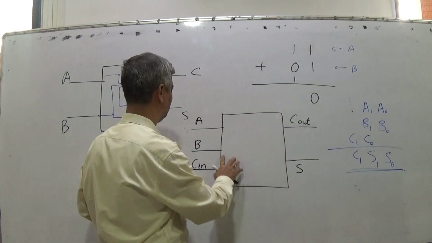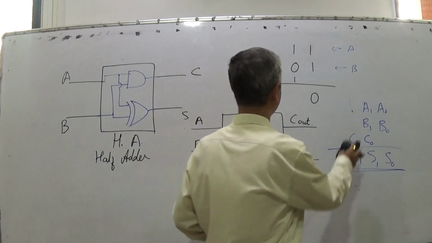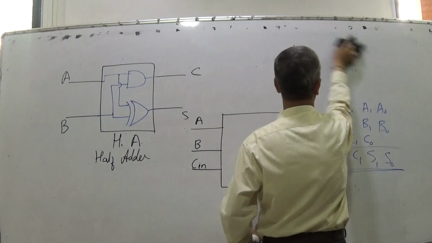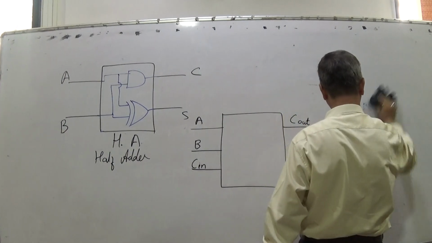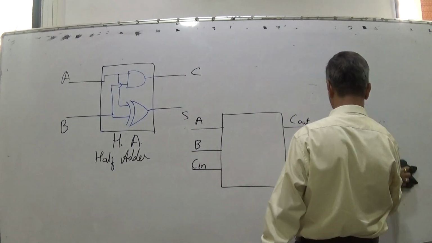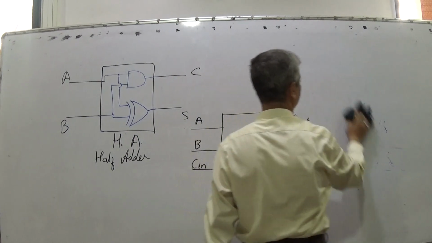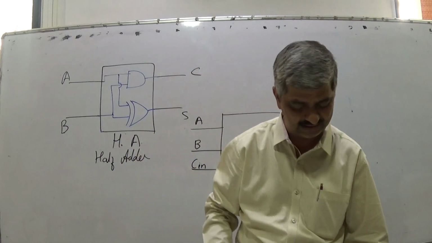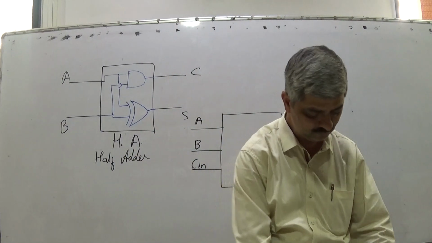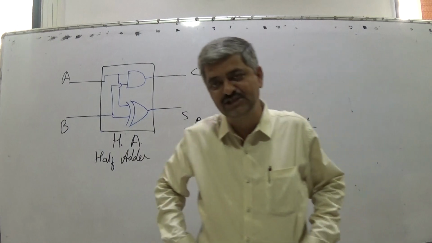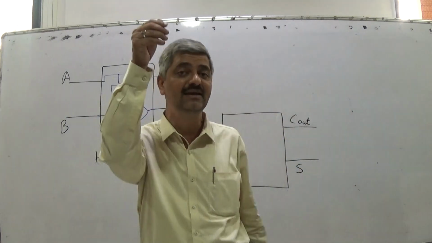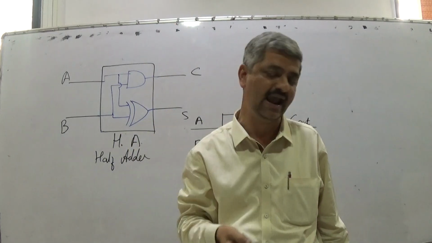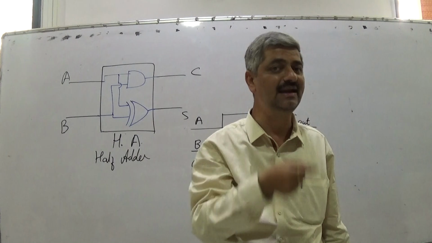So what's the truth table? The truth table is very simple. We can generate a truth table. In general, when I say adder, we should have provision for addition of 3 input pins, A, B and carry in, and the output pins are sum and carry out.